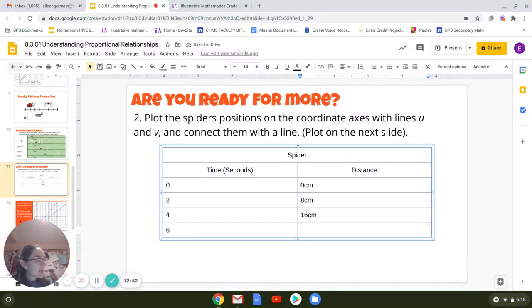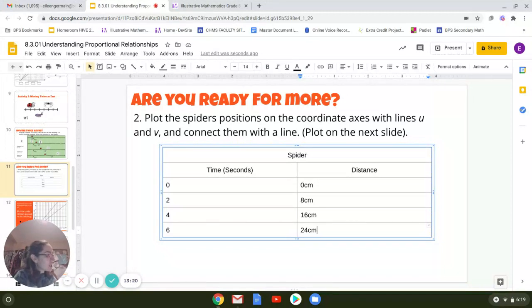And then we said it was going to be 3 groups of 8 now because every 2 seconds he moves 8 and 6 seconds is made up of 3 2s. So it's 8 plus 8 plus 8, which we know our multiplication, 8 times 3 is going to get us 24 centimeters. Awesome. So now we need to take these points here and we need to plot them on our graph on the next slide.